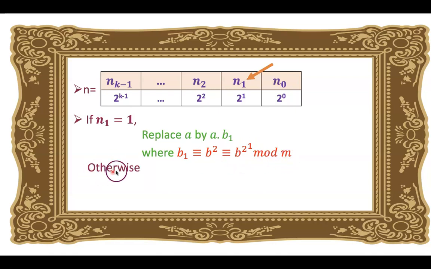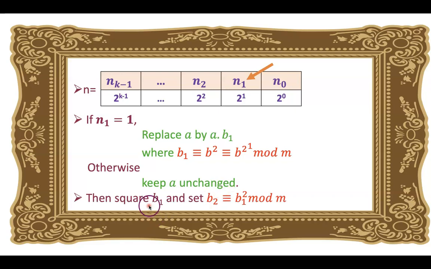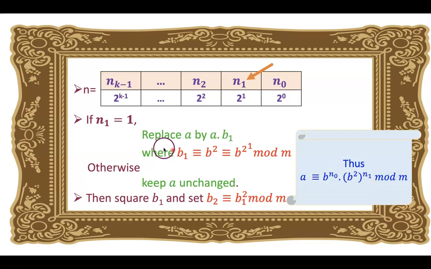And if n1 is equal to 0, we keep a unchanged and we square b1 and we set b2 congruent to b1 square modulo m. Here also we can observe that in both cases, a is congruent to b raised to n0 into b square whole raised to n1 modulo m.